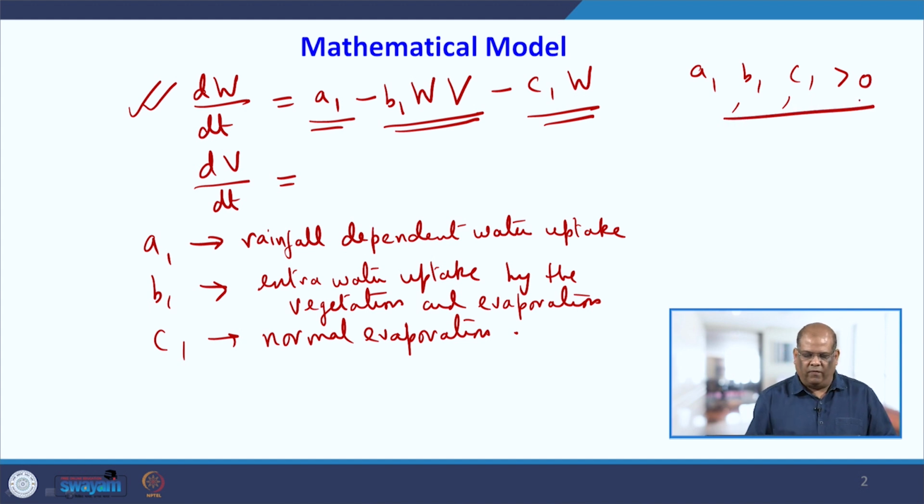The second equation, the vegetation. When it gets the water, obviously it will grow.